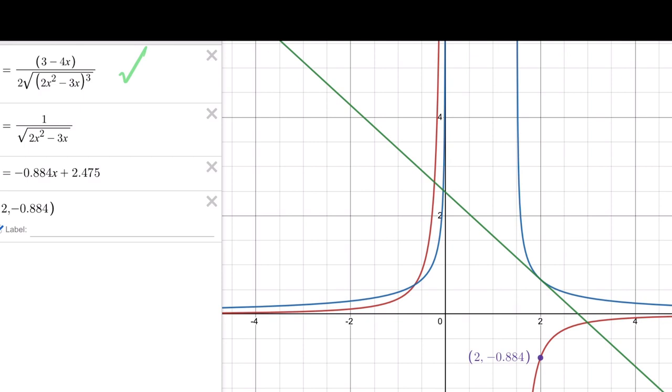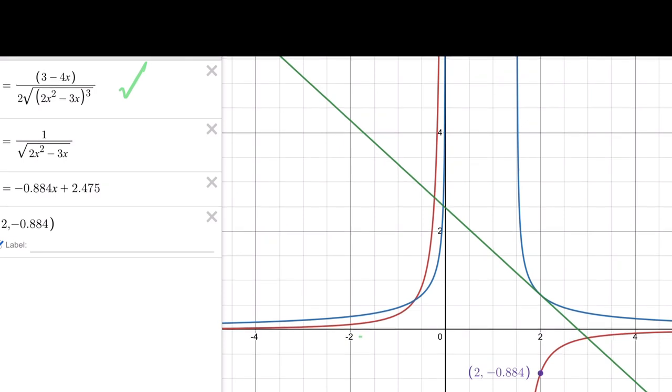So effectively, if I choose a value of x of 2, if I read what the y value is of this gradient function, I get a result of negative 0.884. So that means when x is equal to 2, I get a solution of negative 0.884.